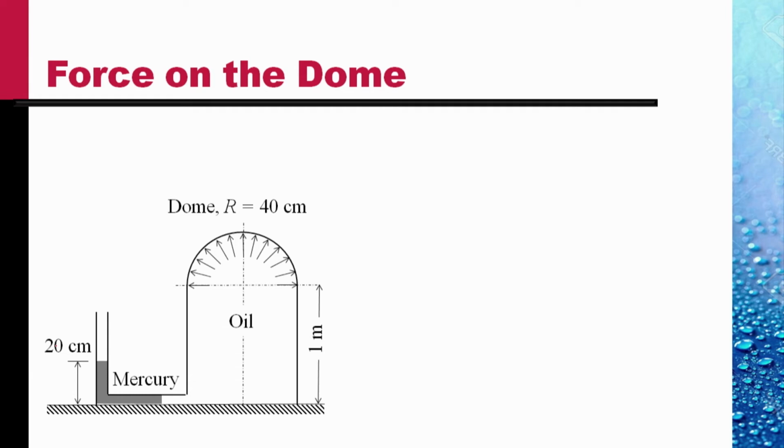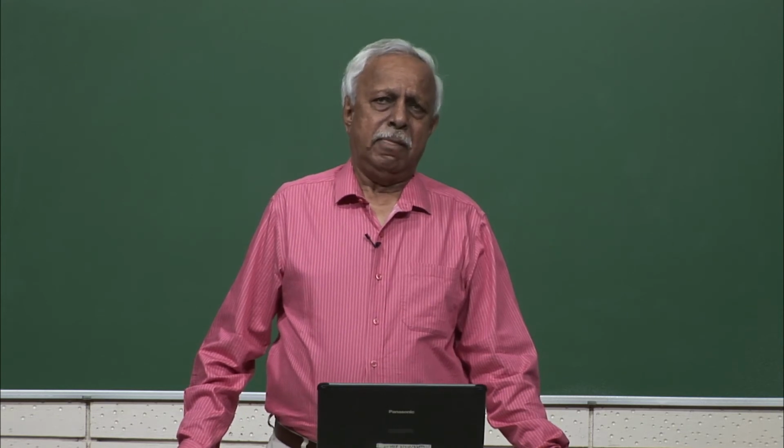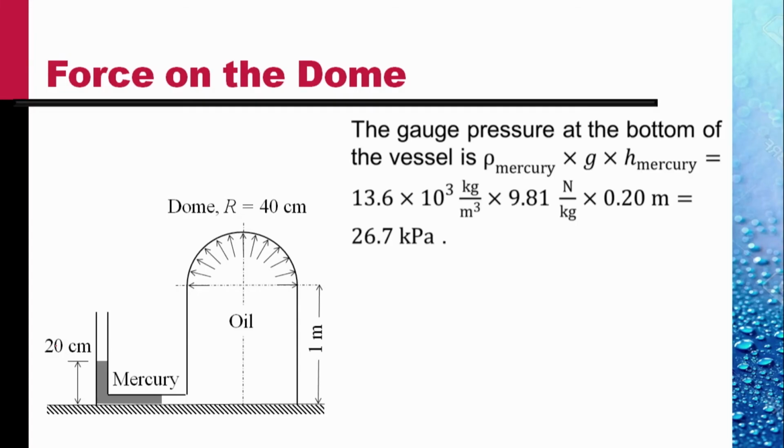So first we will find out the pressure at the bottom of the tank. The gauge pressure at the bottom of the tank is rho of mercury times g times the height of mercury, which is 20 centimeters.